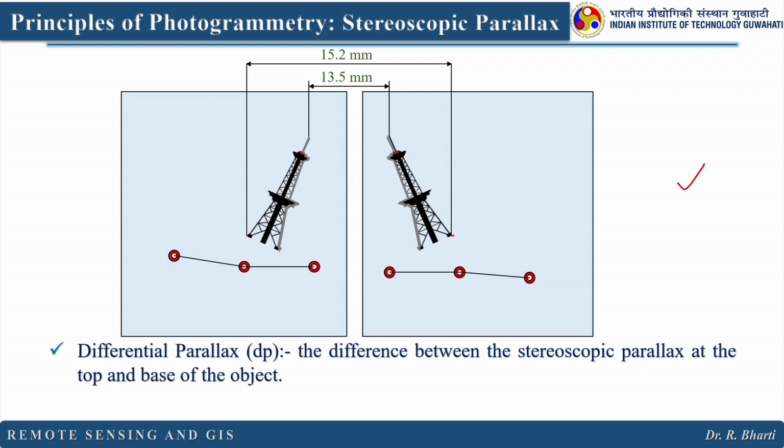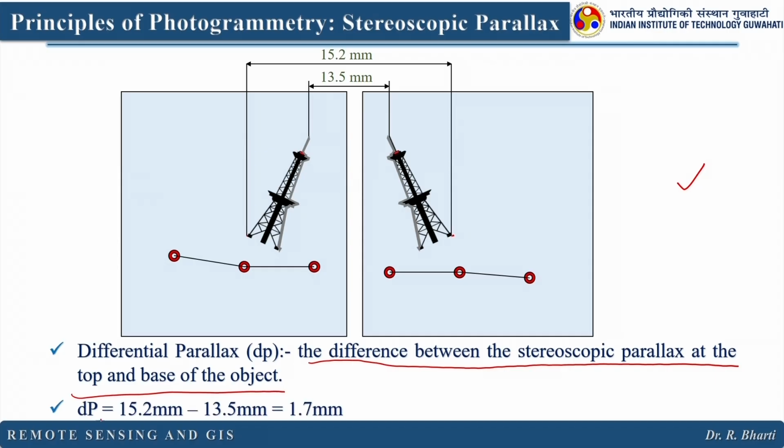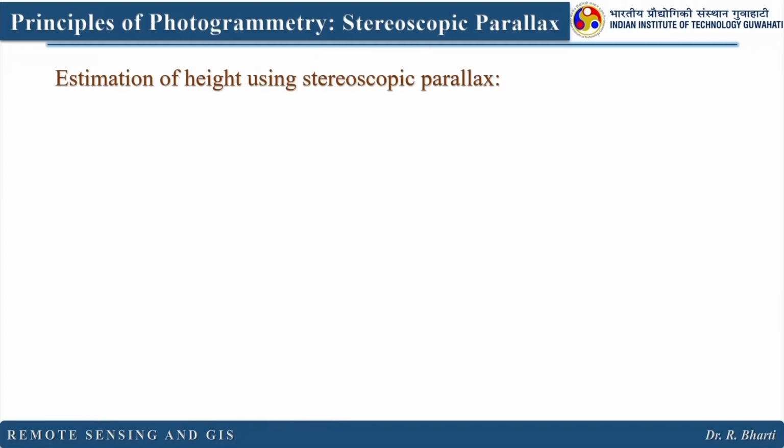And differential parallax you can calculate using the difference between the stereoscopic parallax at the top and base of the object. So, here the differential parallax is equal to the distance of bottom minus the distance of top. This is the differential parallax of your image of that particular object.